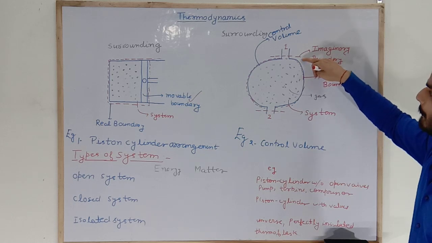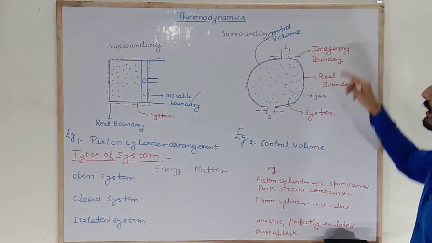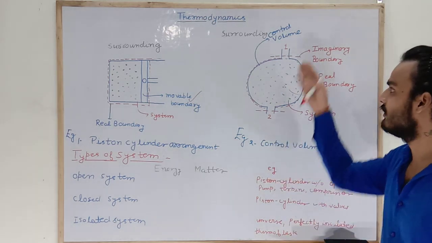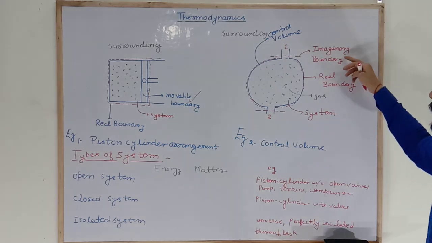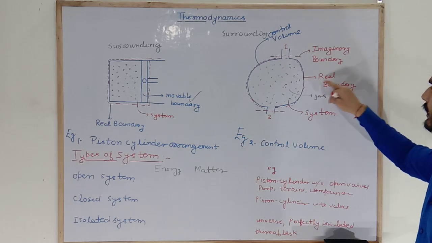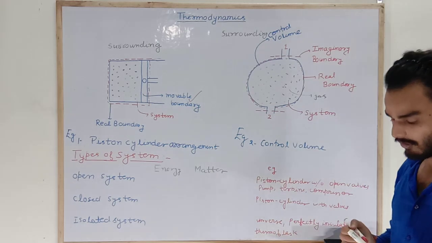These red dotted lines are imaginary boundaries, we have imagined them. The blue line is the real boundary. So this is all about system, surroundings and boundary.